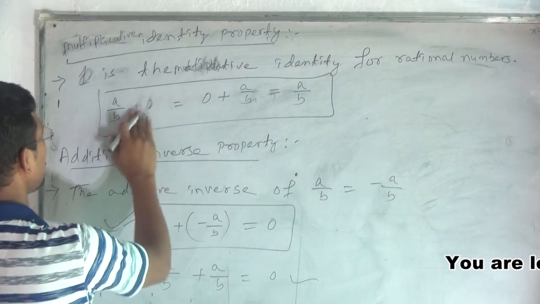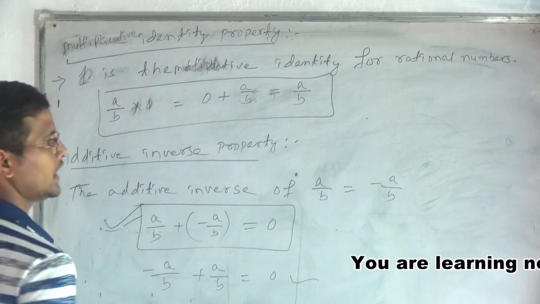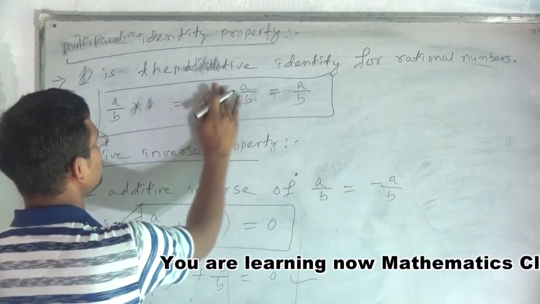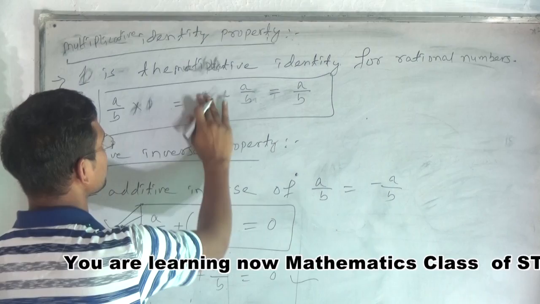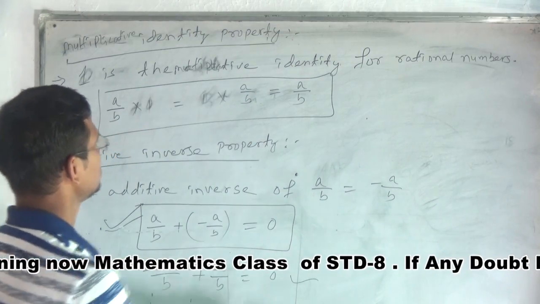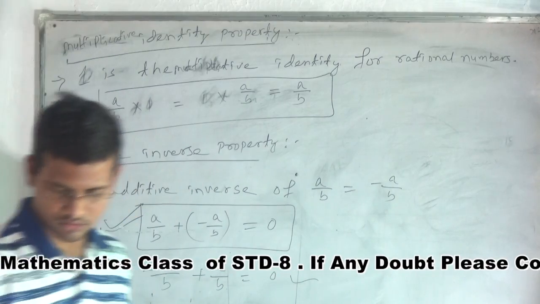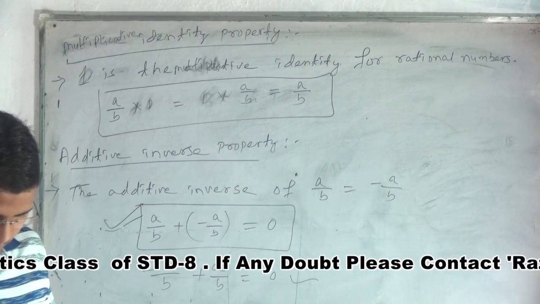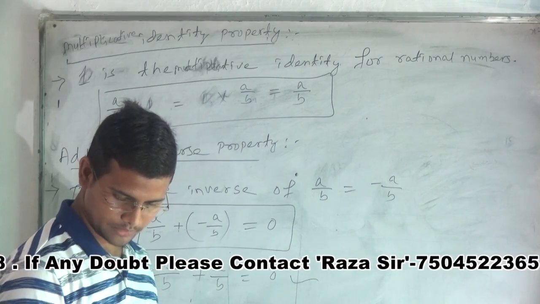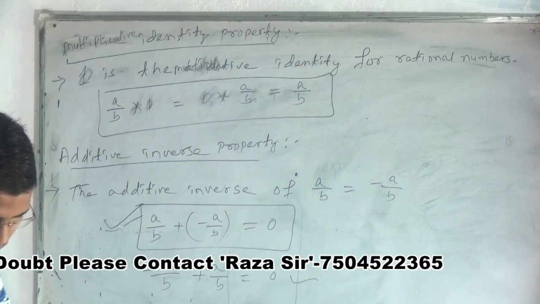If you multiply 1 with any rational number, or any rational number by 1, then you get A by B. That means there is no change in the rational number.